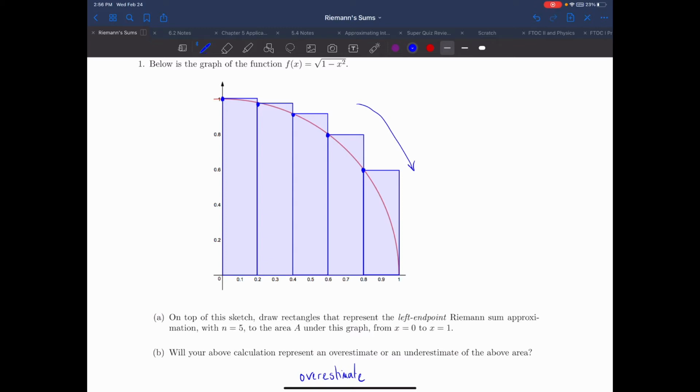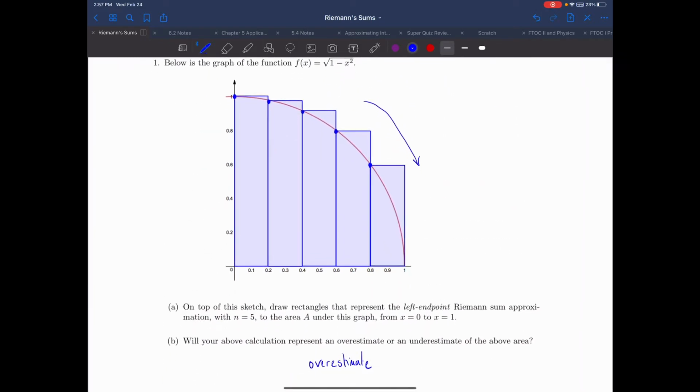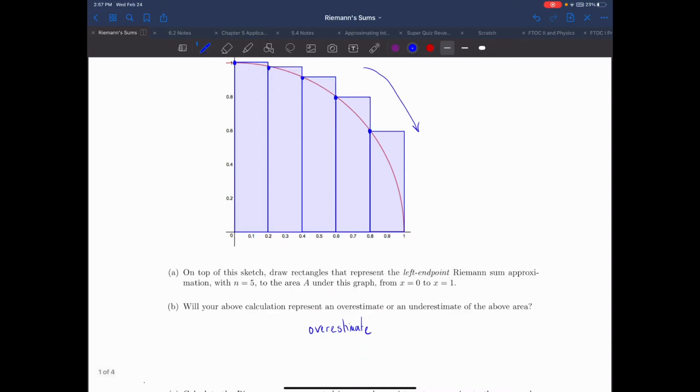All this means with Riemann sums is we're just adding up the rectangle areas. We can see that each of those has a width of 0.2, and the height is determined by that left-hand endpoint. So I'm going to copy some of these things down here.